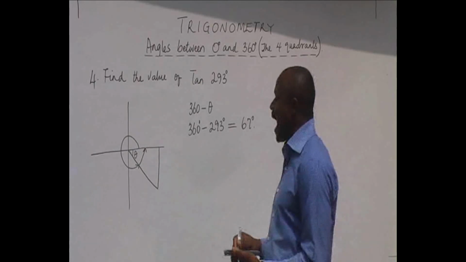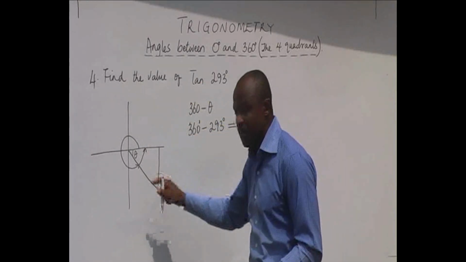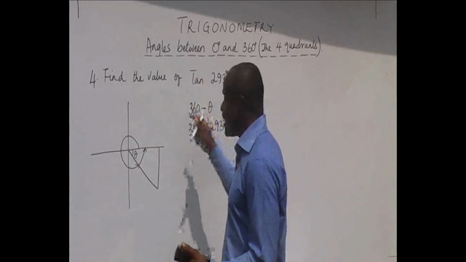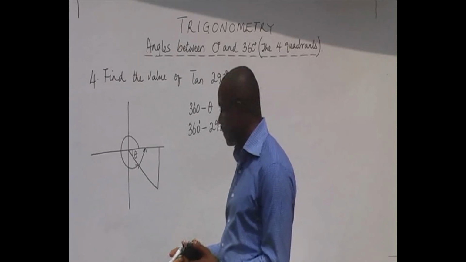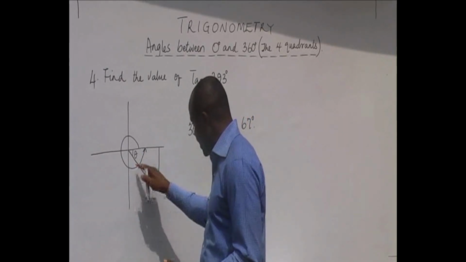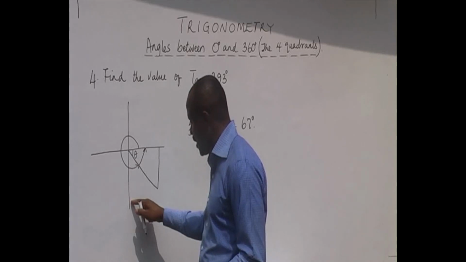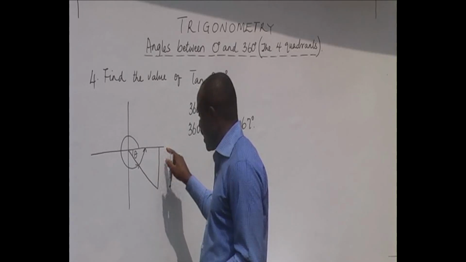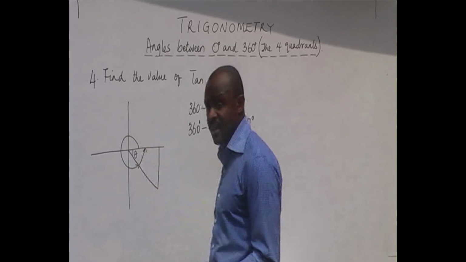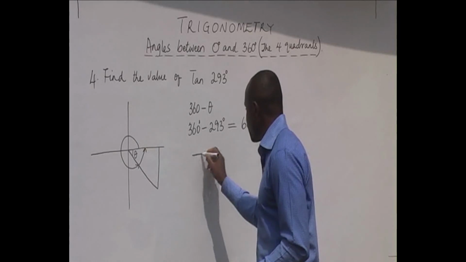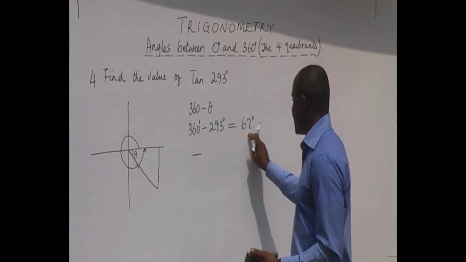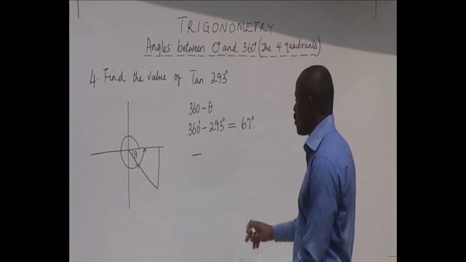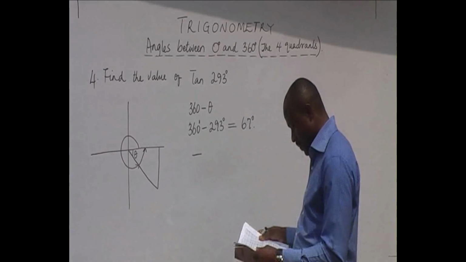Now ask yourself, tangent, is it positive or negative in the fourth quadrant? Let's check. Tangent is opposite over adjacent. Opposite, representing the negative side of the y-axis, over adjacent, representing the positive side of the x-axis. Negative dividing positive will give you negative. So whatever value you get from your four-figure table, that is the value of tan 67 degrees, is going to be minus that number.